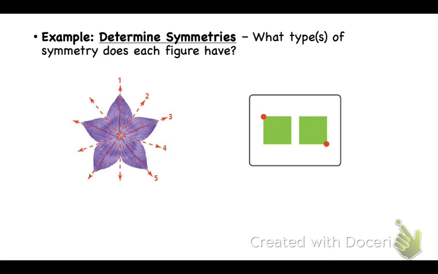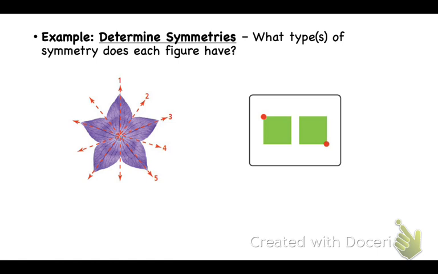Okay, the last ones we have, it says determine the symmetry, what types, and then we would classify it. So we have rotational or reflexive, yes? So this flower, does it have rotational, reflexive, or both? Both. How many lines of symmetry does it have? 5.